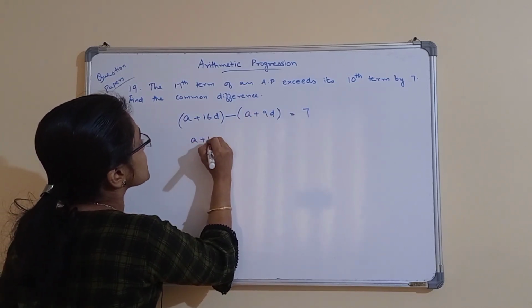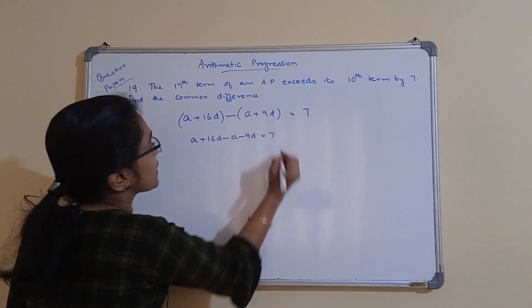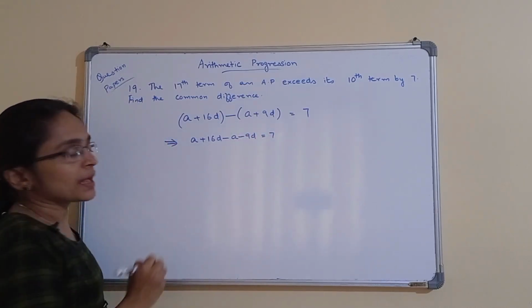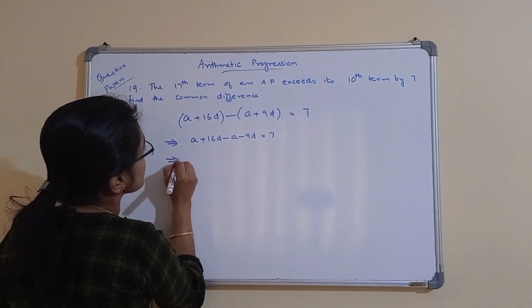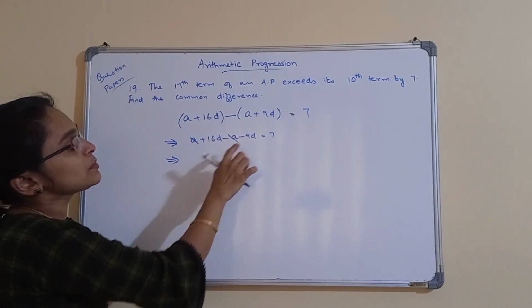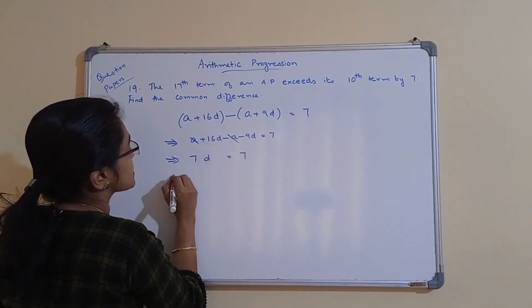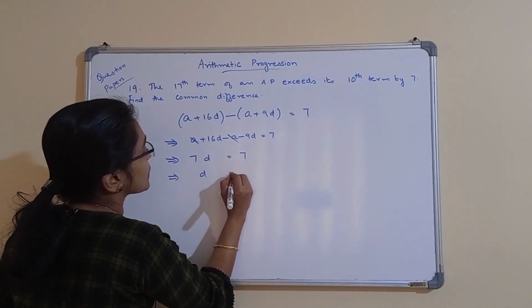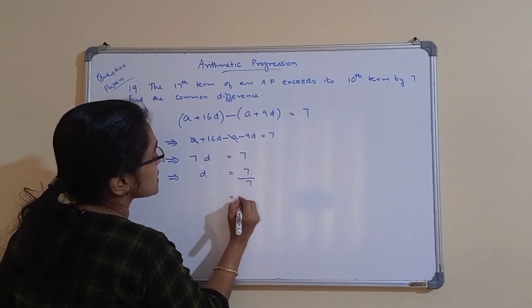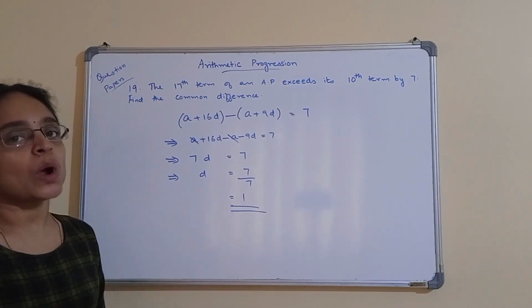Which means a plus 16d minus a minus 9d equal to 7. So a and minus a will get cancelled. 16 minus 9 is 7. 7d equal to 7. So, what is d? d equal to 7 by 7, which is equal to 1. So, the common difference here is 1.